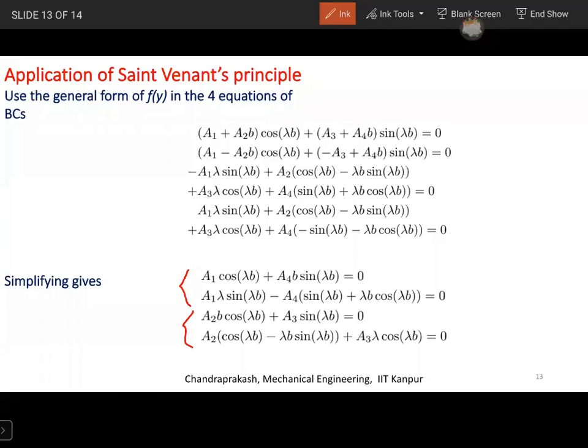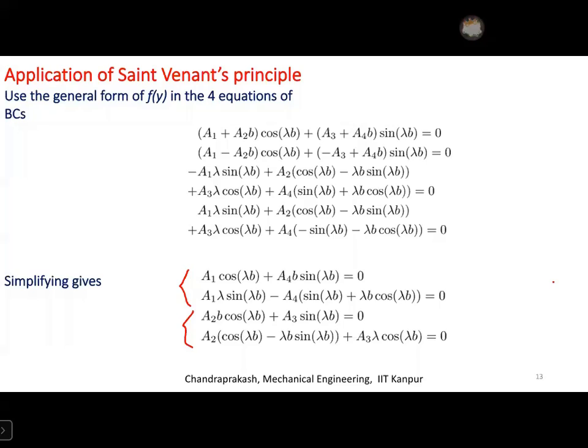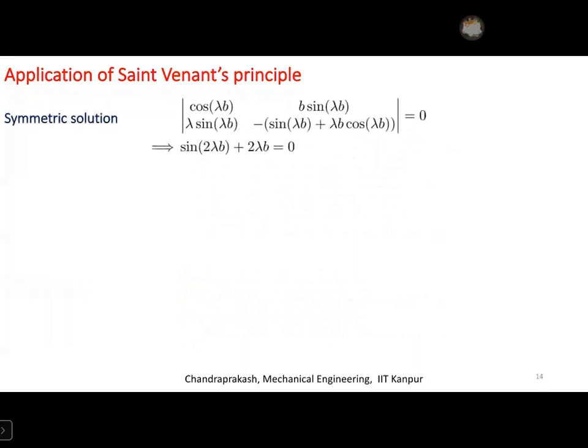And for you to have a solution, what should be the case? The determinant should be 0. So that's what we are going to set. If I take the symmetric solution, which is the first two equations, for me to have a solution, the determinant of the coefficient matrix should be 0.